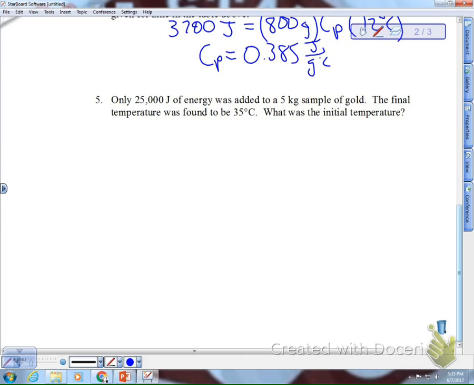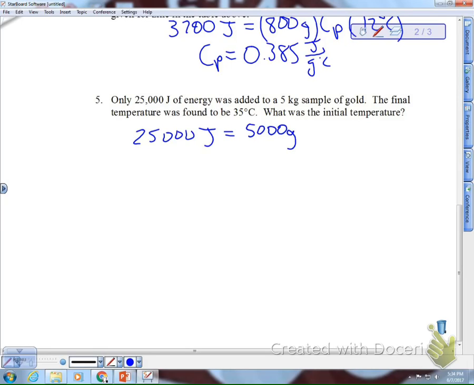And then the last example problem using Q equals MC delta T, we're going to find an initial temperature. Again, just trying to do something different here. See all the little algebra ins and outs we could possibly do. I'm going to add 25,000 joules of energy to a sample of gold. This time we're given 5 kilograms of gold. That's another pitfall. We can't plug in kilograms, we have to plug in grams.